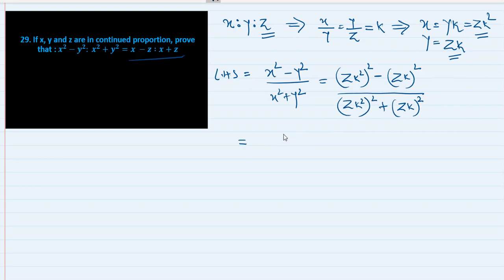Okay, so we are going to get z square k raised to 4 minus z square k square upon z square k raised to 4 plus z square k square.